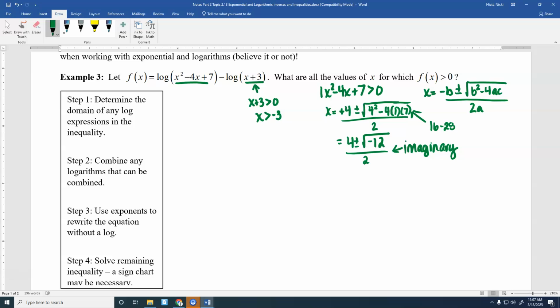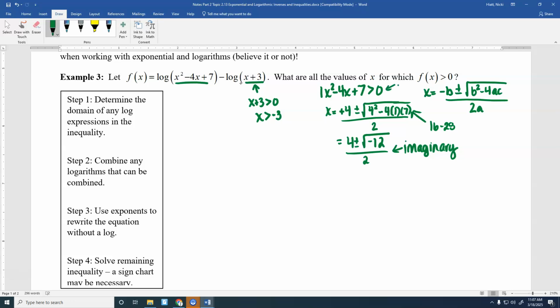So what that tells me is that this is either always positive or always negative. It doesn't have any real zeros. Okay? So it could be any number that you plug in, but 0 is the easiest number to plug in. If you plug in 0, what do you get? Positive 7, right?